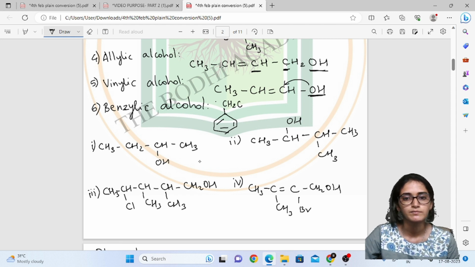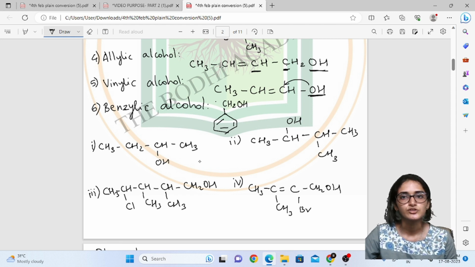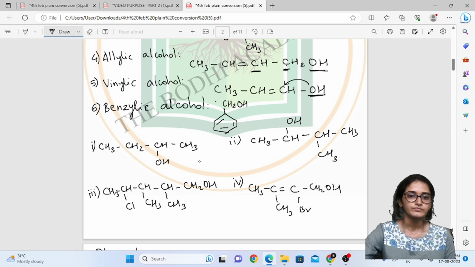So I will write a simple alkyl group here, that is CH2OH. This is the example of benzylic alcohol. Here I have written just one carbon, or one alkyl group having one carbon. You can take more carbons also, and we can write the benzylic alcohol in that manner.